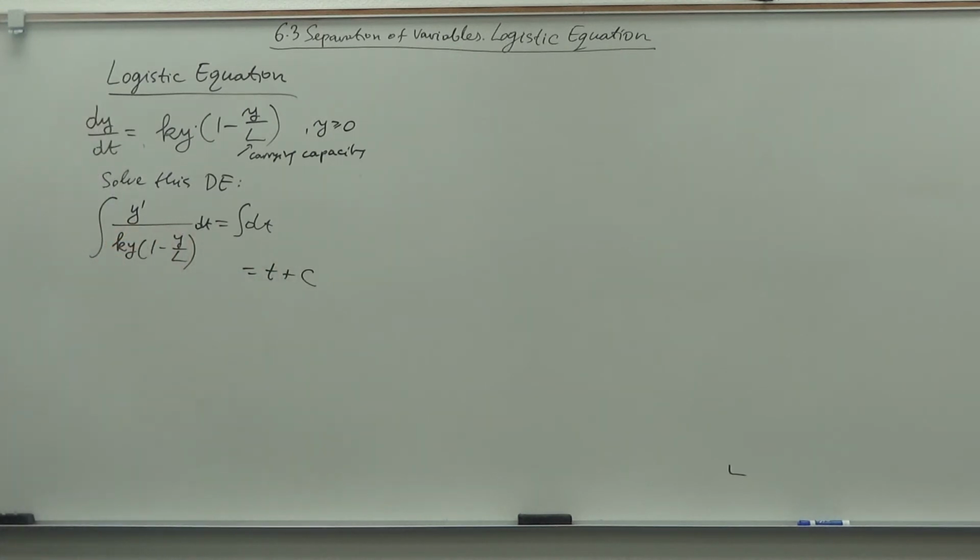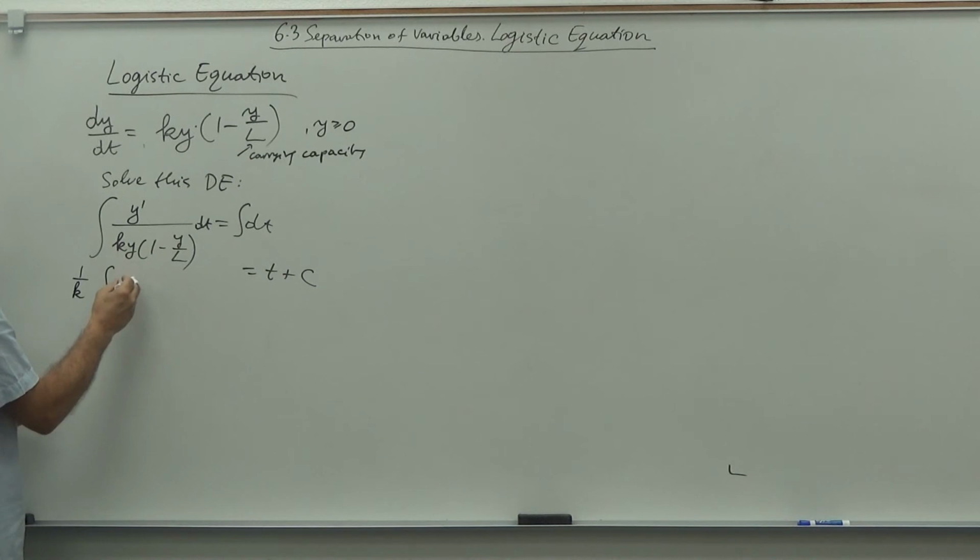What about here? We want to integrate. We could do substitution with y, but generally we need to do the partial fraction decomposition. There's an easy way to do it. I'll pull out 1 over k, that's not a big deal.